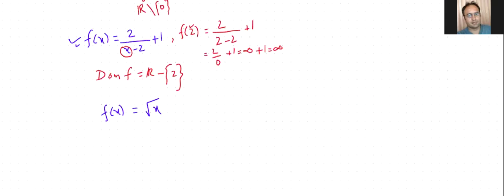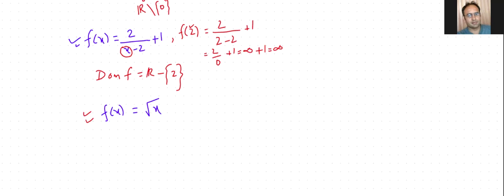Now there is another situation in which a function is not defined. I have explained two examples: 2 over x minus 2 plus 1, and the first example, f of x is equal to 1 over x. In these examples, you have to think about at which values the function gives output as infinity. But there is another important case: any function which has a square root involved.